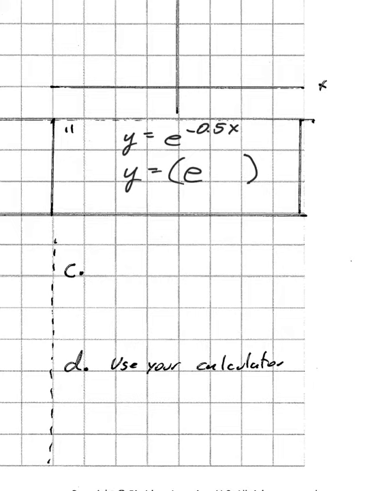I want to get the x by itself, right? Can anyone tell me what I'm going to do on this one? I'm going to write it as e to the negative 0.5 to the x.